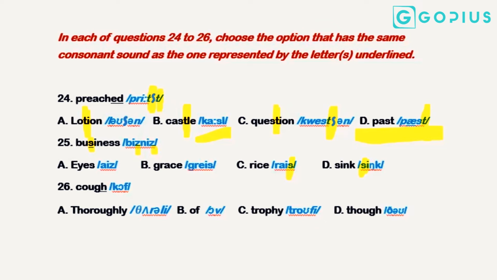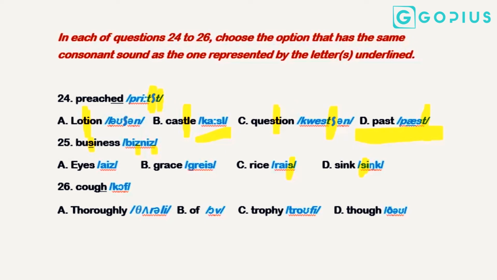When you have the word ending with a vowel or a voiced consonant, the plural marker, be it ES or just S, would take a voiced consonant plural marker, and that is Z. But if it ends with a voiceless consonant sound, the plural marker would take S. Okay, so get that right.